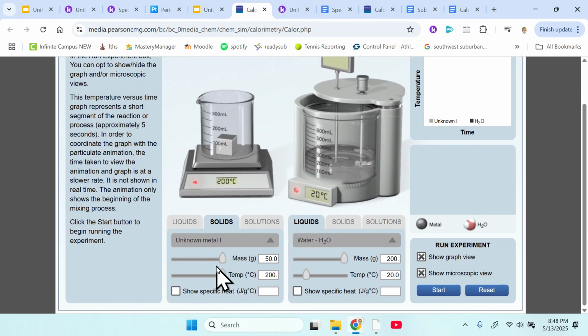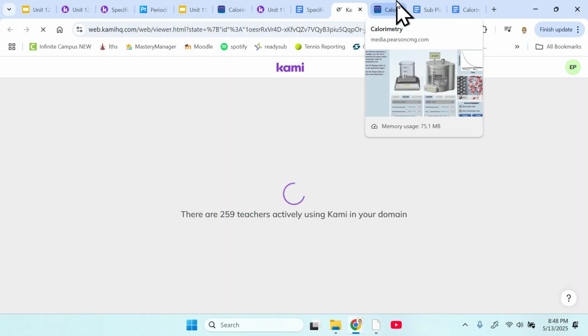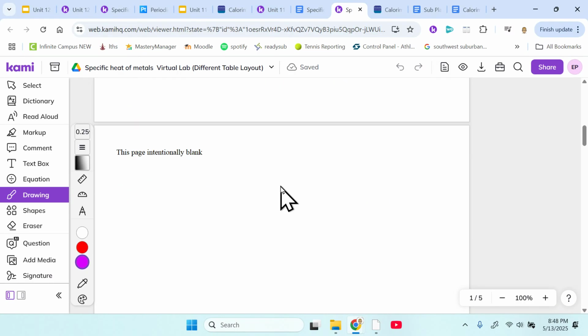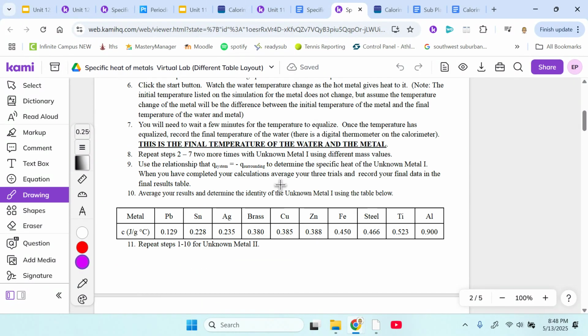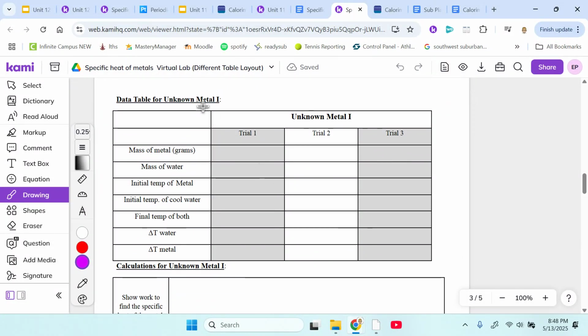Now, before you run the first trial, you're going to want to take note of the following parameters on your lab document. So that would include, let me get it open on Cami here. Give me one sec. Okay, I'll scroll down. You can go ahead and skip over the directions. I already kind of showed you the directions. Go ahead and go down to the data table for unknown metal 1.